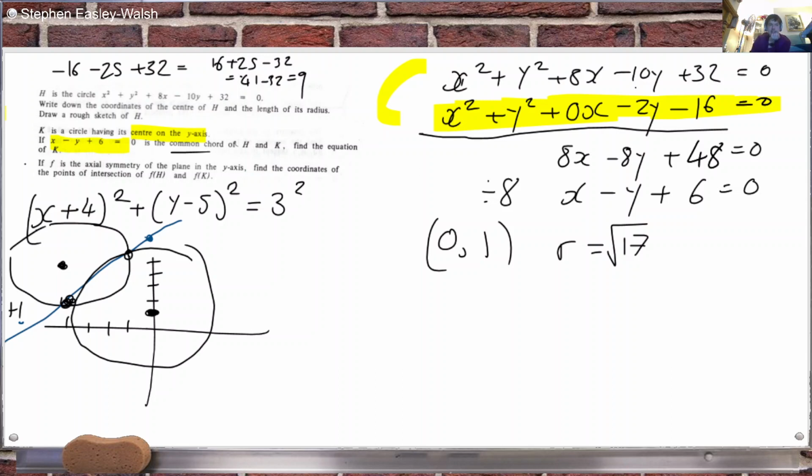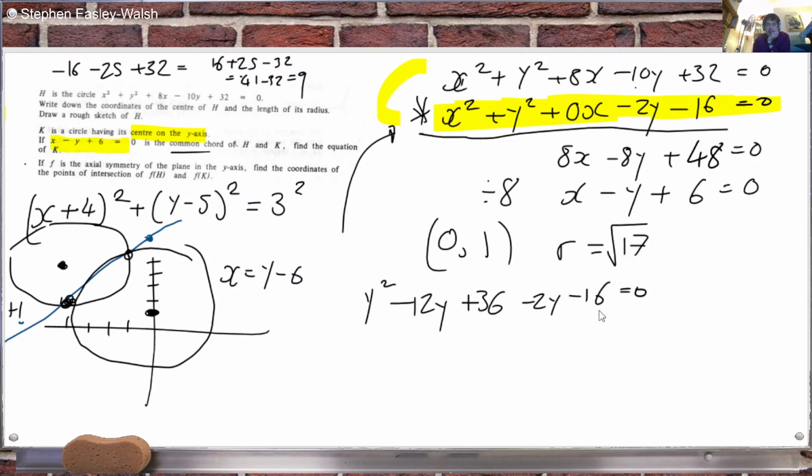So I think the easiest thing here to do will be to sub the common chord into the second equation, because we can say x equals y minus 6 and sub that in. So we'll get y squared minus 12y plus 36 minus 2y minus 16 equals 0.